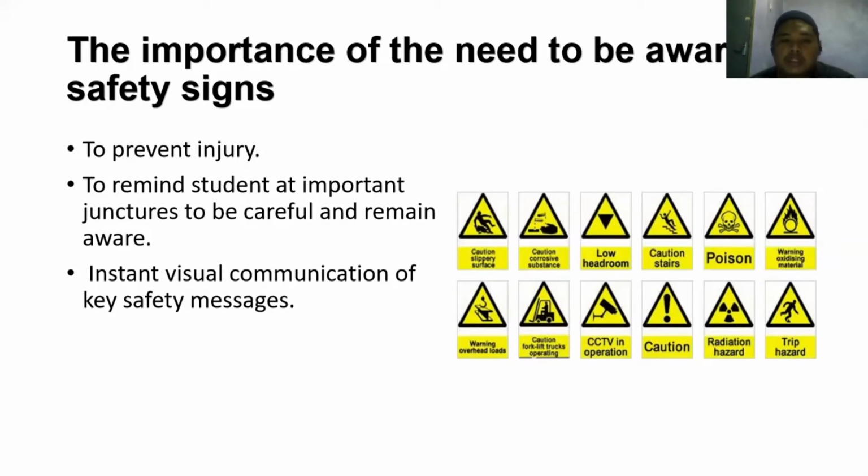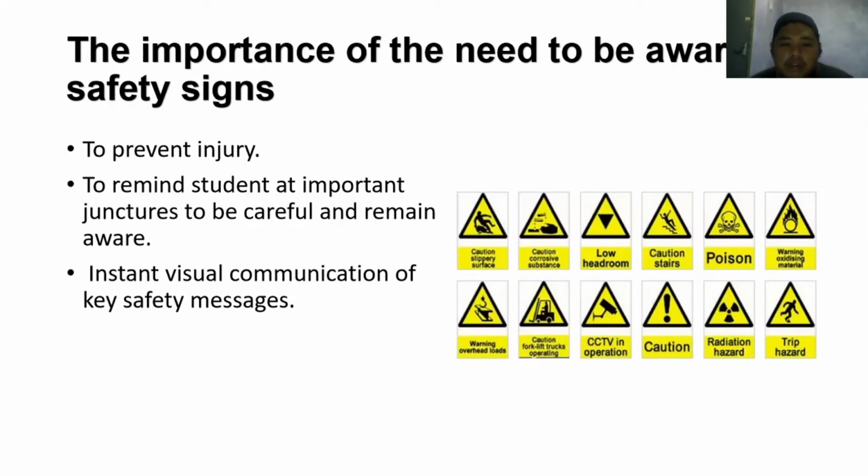Second, to remind students at important junctures to be careful and remain aware. And last, instant visual communication of key safety measures. So in this context, the value of the safety sign lies in the ability to communicate the most important safety measures in a way that is visual, immediate, and precisely targeted. Safety signs feature clear pictographic illustrations of the hazard, accompanied by clear, simple text instruction and eye-catching visual design.